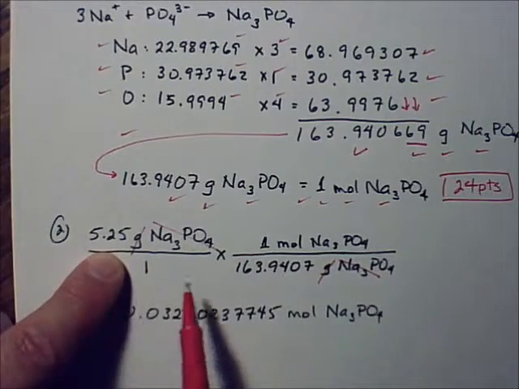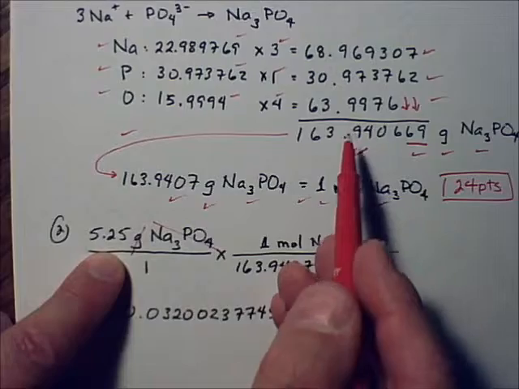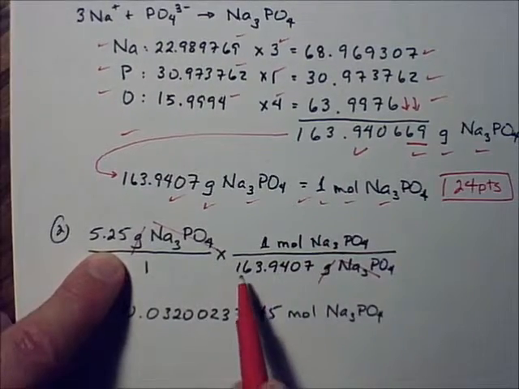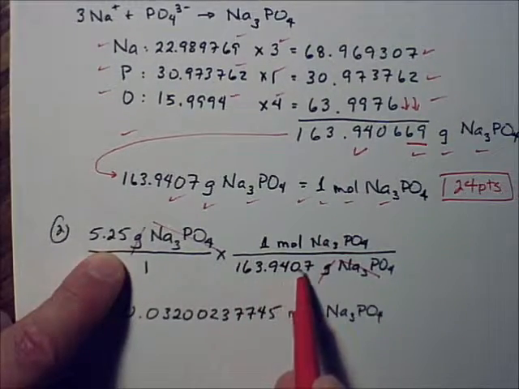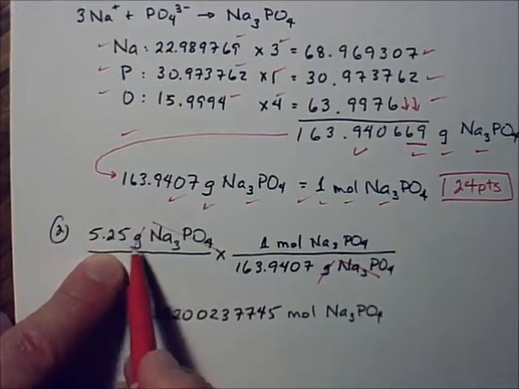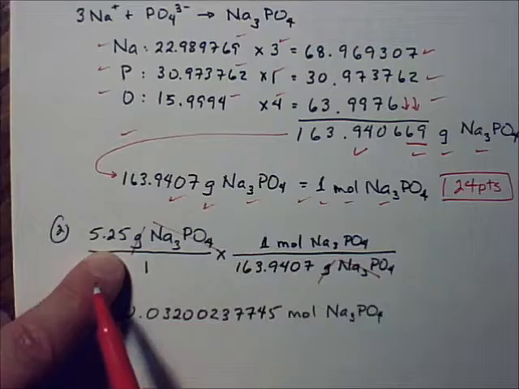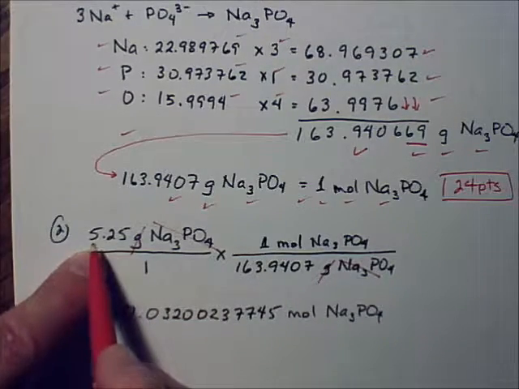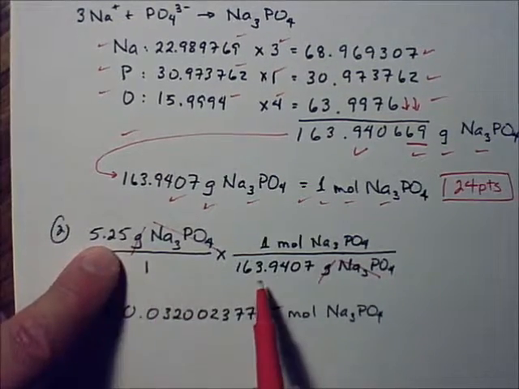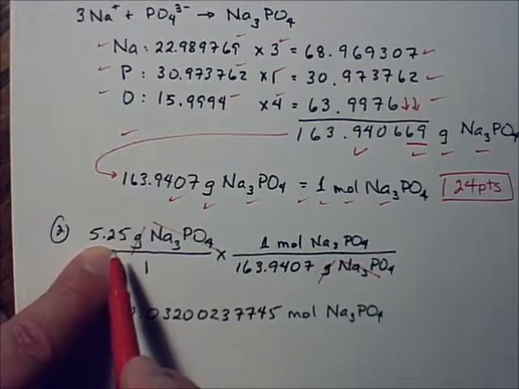So this is a calculated number, and it has 7 digits. This is a measured number. Somebody measured this mass. I made it up, but if we actually had that number, it would have been measured on a balance or something. We have 3 digits. So of the measured and calculated numbers, this one has the least digits, only 3. We want our final answer to have 3.